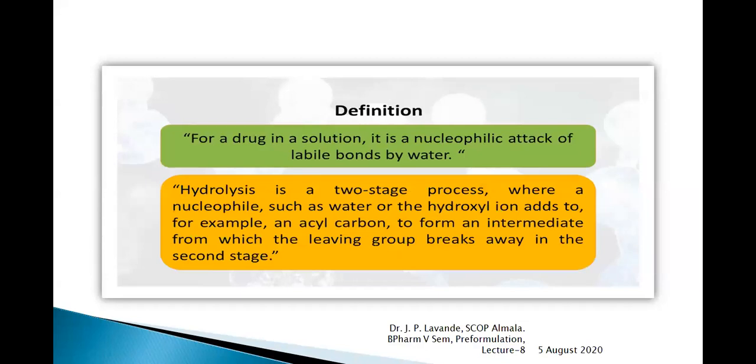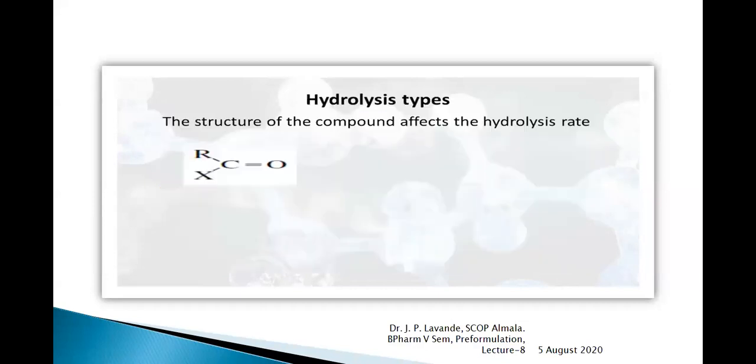Hydrolysis is a two-stage process where a nucleophile such as water or the hydroxyl ion adds to, for example, an acyl carbon to form an intermediate, from which the leaving group breaks away in the second stage. So you can see here the particular types of hydrolysis.